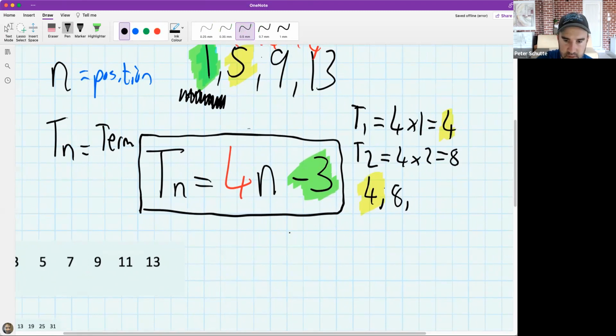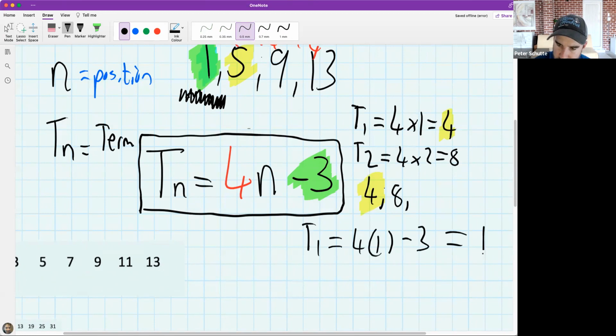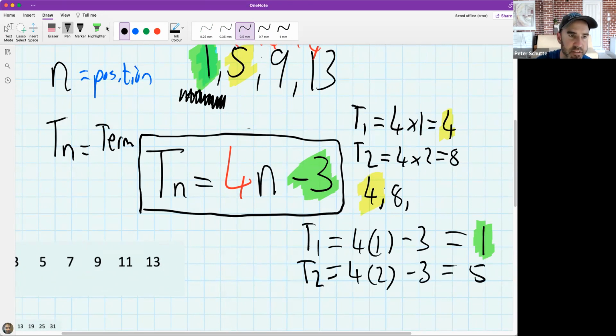If I now sub 1 into my formula, I get 4 times 1 minus 3, which is 1, which is good news because the very first term was indeed 1. Now T2 is 4 times 2 minus 3, and I get 5.